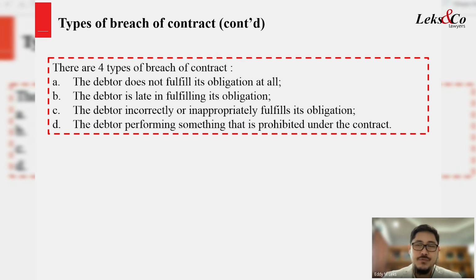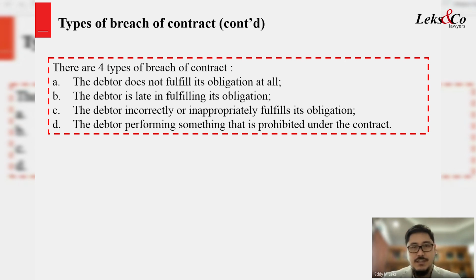There will be affirmative covenants, and then negative covenants. Affirmative covenants mean that you promise to do this, that, A, B, C, D, E. You promise to do something during the period of the agreement.